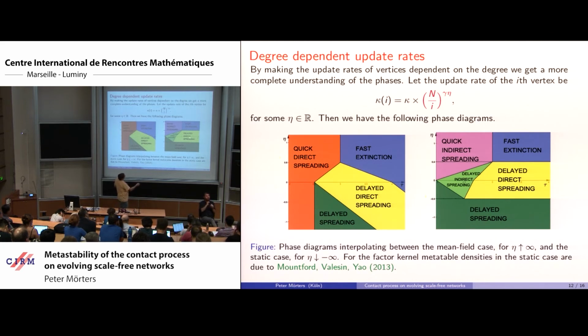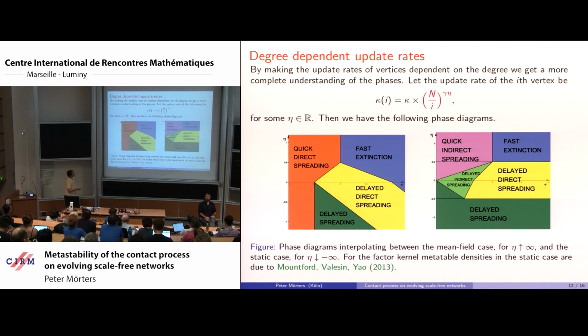This eta equals 0 is the one where I've shown you the theorems. You don't have fast extinction, but two different delayed strategies being successful. And when you pass down to negative values of eta, this delayed phase here starts kicking in. And if eta is less than -0.5, that's what's always going to happen.